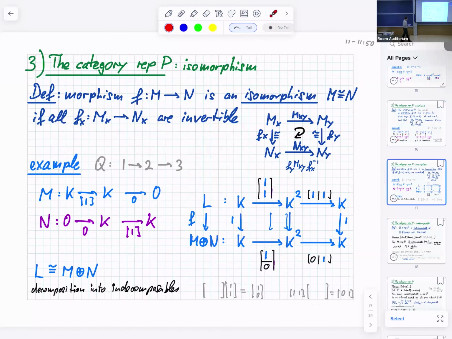So I promised that I will try to use as background only linear algebra for these lectures. And so in terms of linear algebra, I have a vector space here, Mx, and I have another vector space here, Nx, and I do a base change on that side, and I do another base change on the other side. This is one of the worst parts if you teach linear algebra. So I have my matrix here.